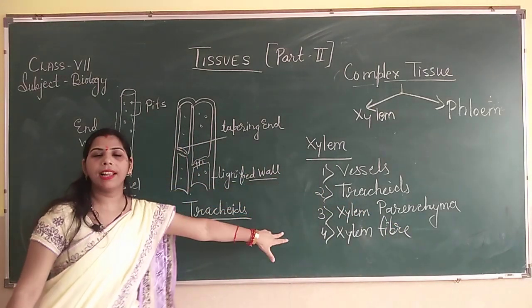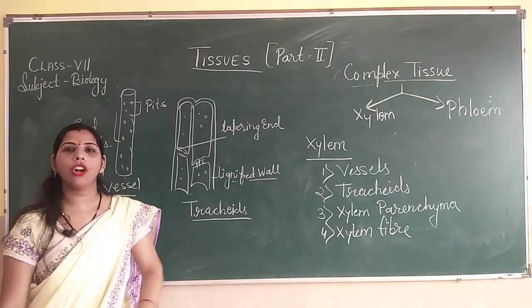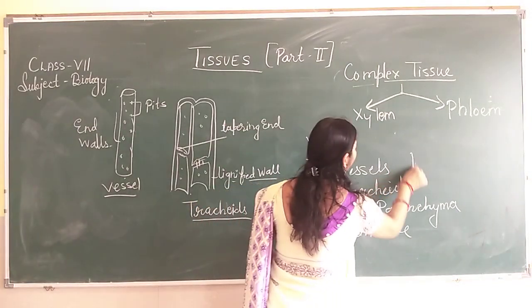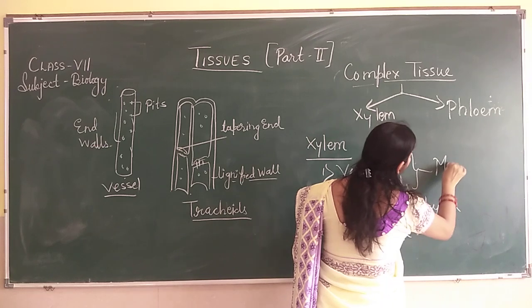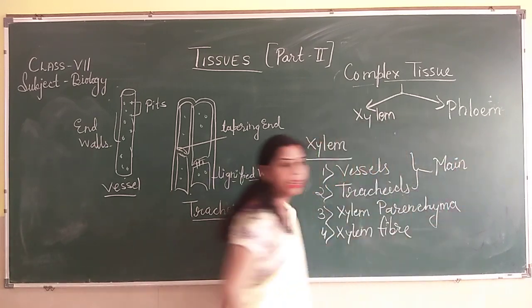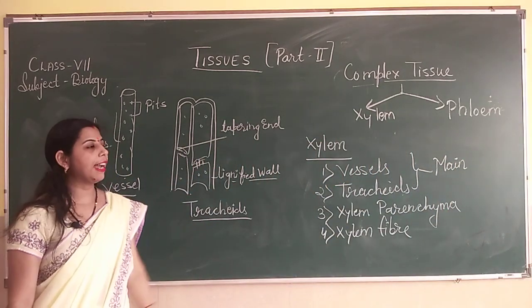These four types of cells make the complete structure of xylem. But these two are the main elements of the xylem.